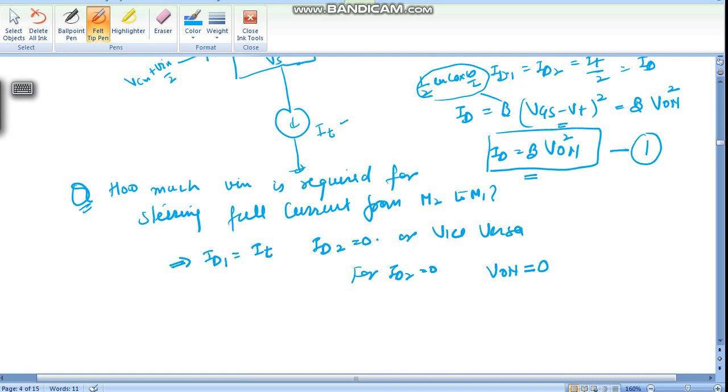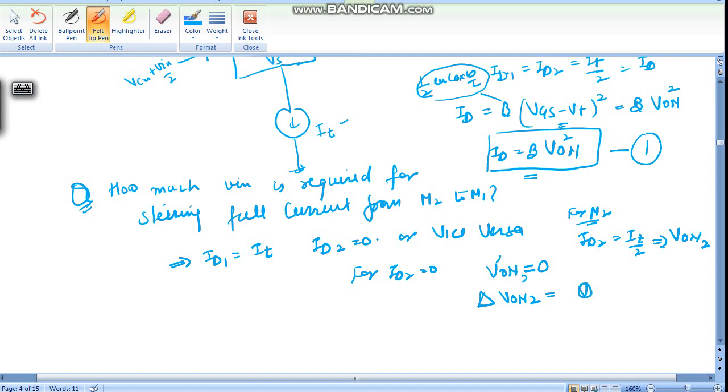So delta V on to change: initially when ID2 equals IT by 2, it is V on 2 for M2. Now delta V on 2 is the final value, which is 0, minus the initial value.